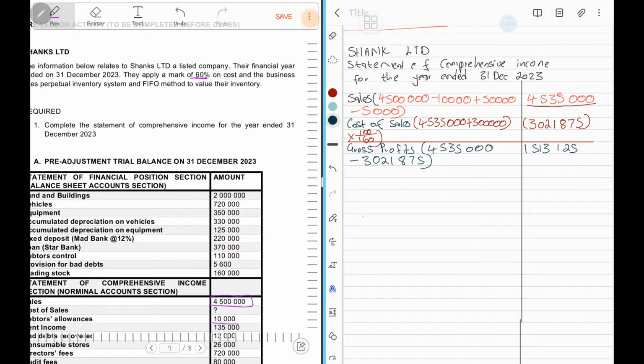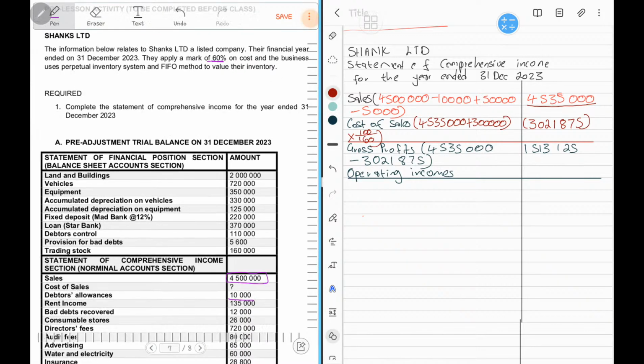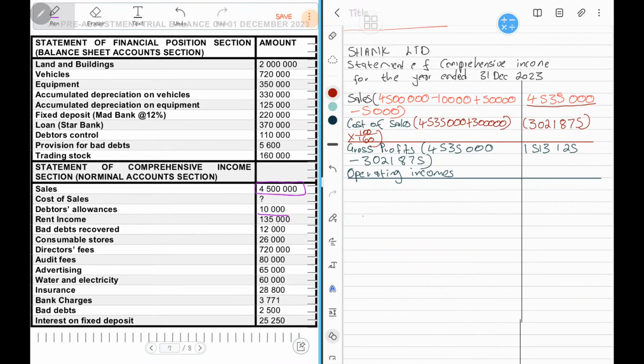Okay, then now to the operating incomes. Now in our operating incomes here, we're going to start with the rent income.